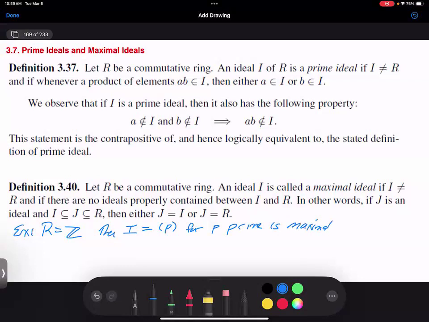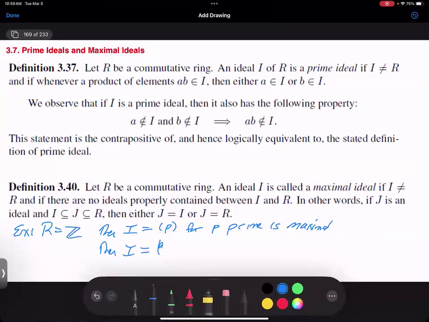Give me a non-maximal ideal. I'm sorry, 12, or give me infinitely many non-maximal ideals. One is not prime. So anything that's composite.